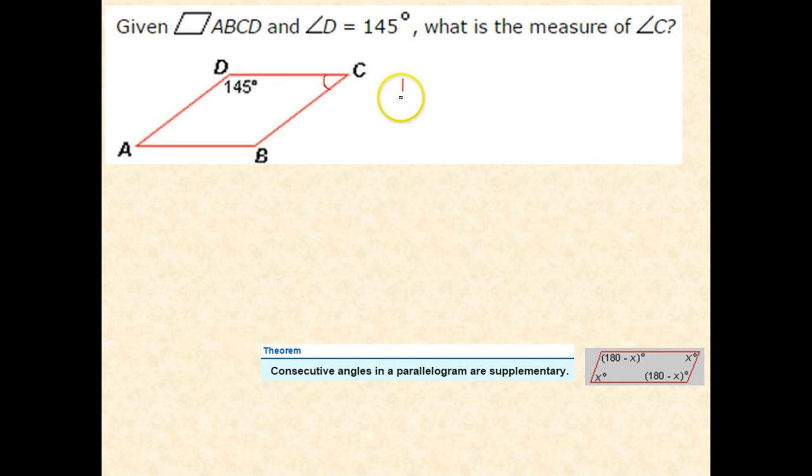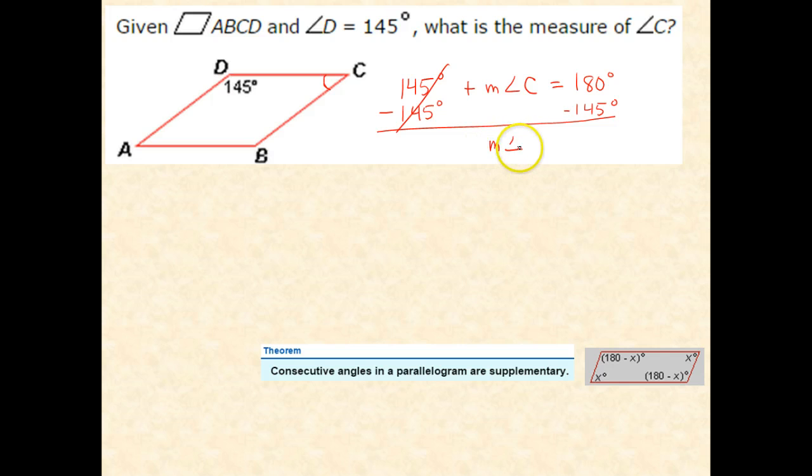That means that the measure of angle D, which is 145, plus the measure of angle C have to equal 180 degrees. So I can just subtract 145 degrees from each side, and I'm going to get the measure of angle C is equal to 35 degrees. So that angle is 35.